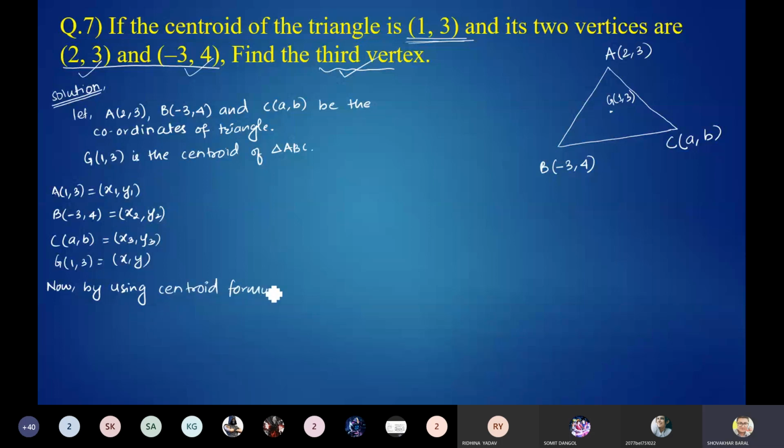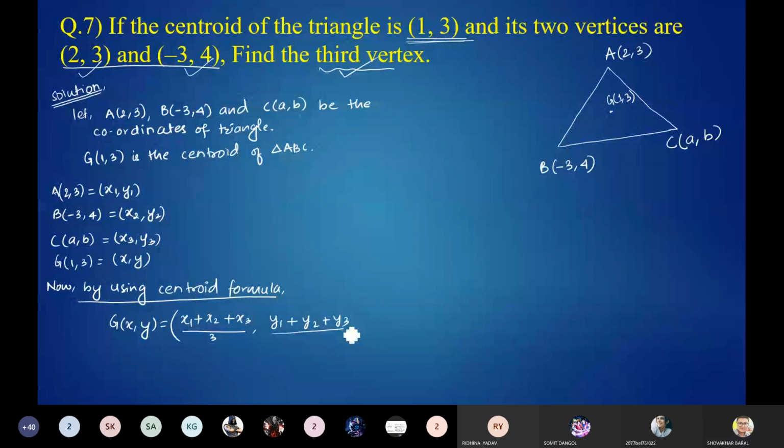The centroid formula is G (x, y) equals (x1 plus x2 plus x3) by 3 comma (y1 plus y2 plus y3) by 3. Sorry, A is (2, 3), so let me correct it. Please don't hesitate to say. So replace the values.